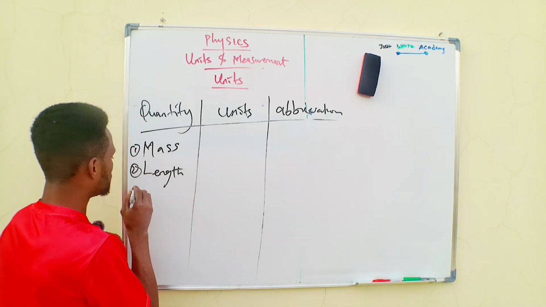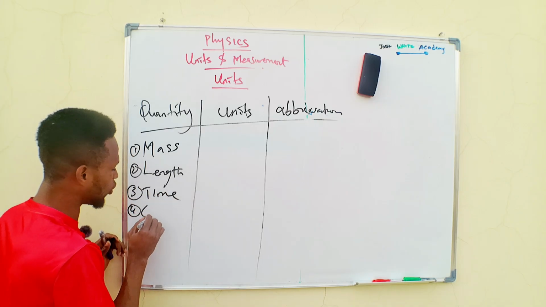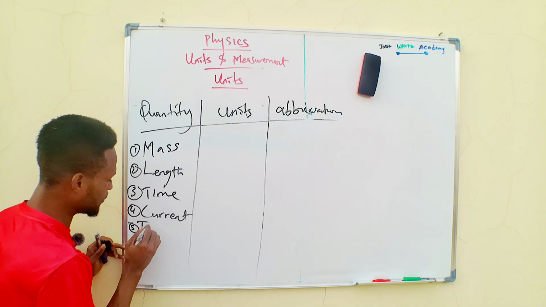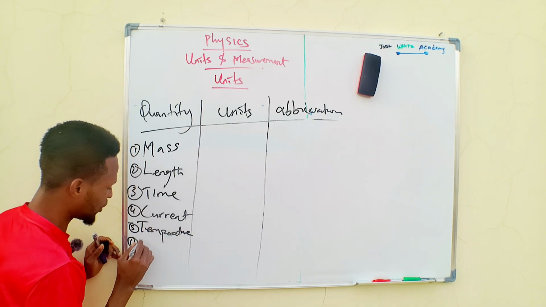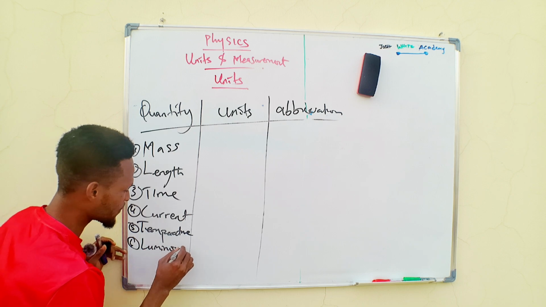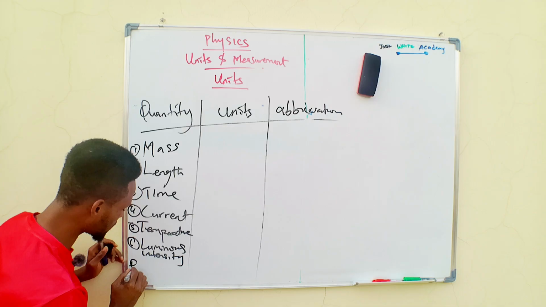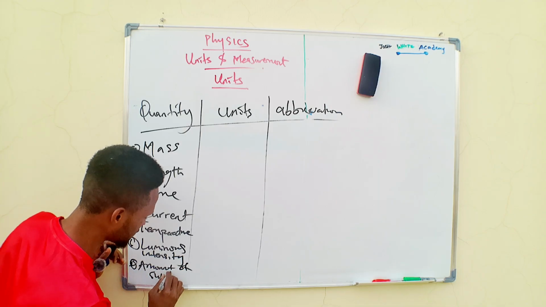The third one is time. We have electric current. We have temperature. We have luminous intensity. And lastly, we have amount of substance.